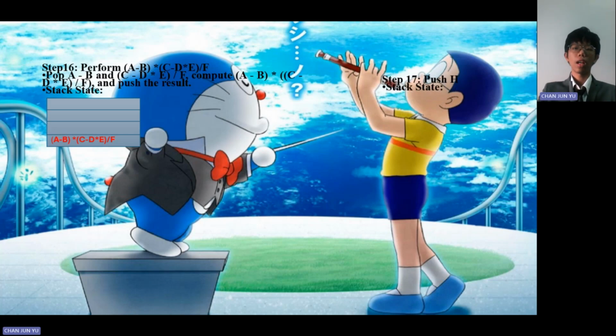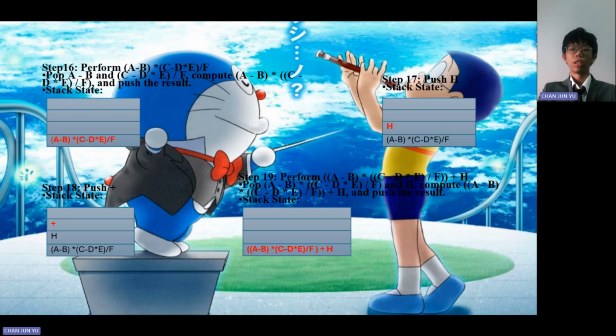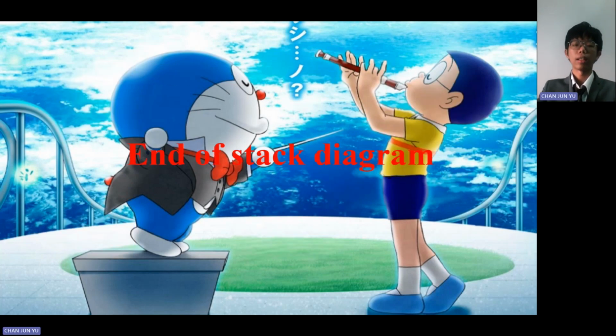Step 17, push H. Step 18, push X. Step 19, perform plus: compute bracket A subtract B bracket multiply bracket C subtract D multiply E bracket divide F bracket plus H, and store the result in X. And this is the end of the stack diagram.